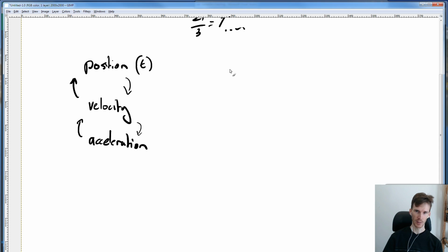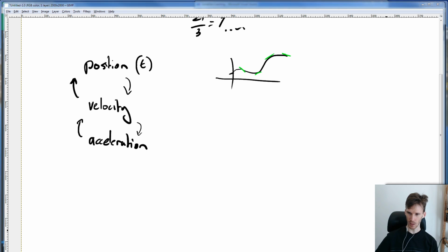So if we have a graph showing the position of our object, we can differentiate that and get the instantaneous velocity at any position. So that should also be fairly well known at this point. So you happy with that? So far? Excellent. So let's actually do some of this now.